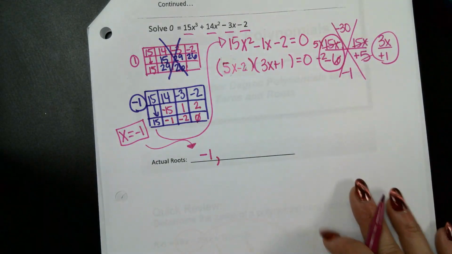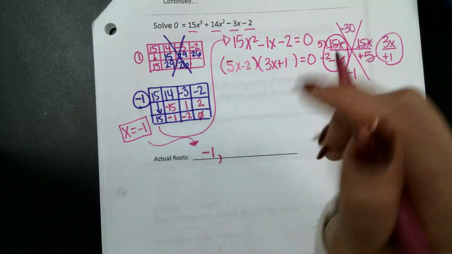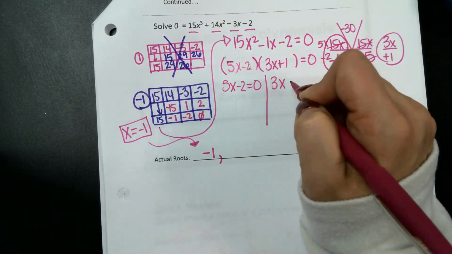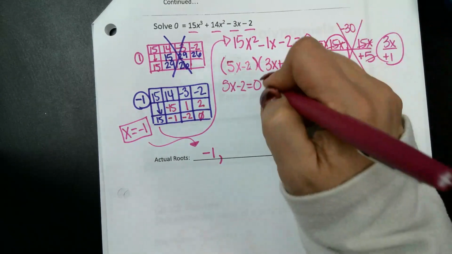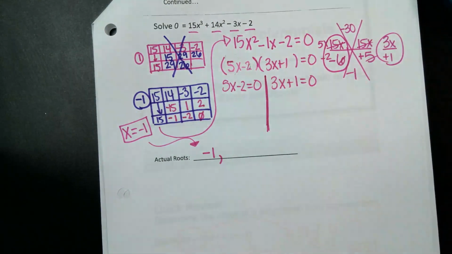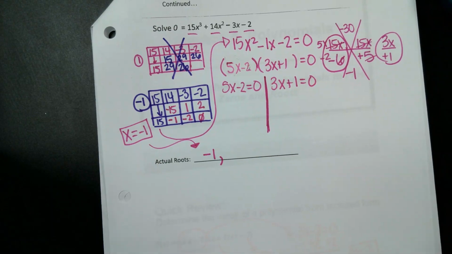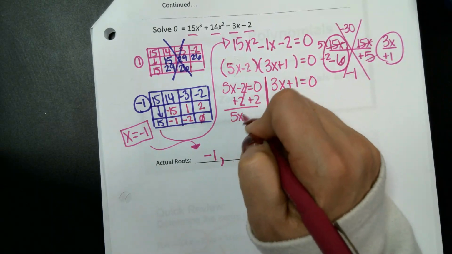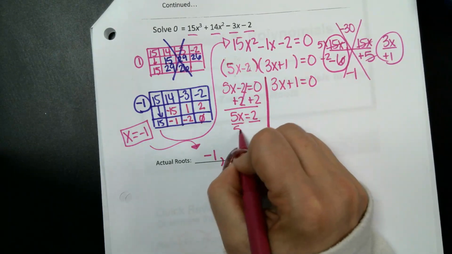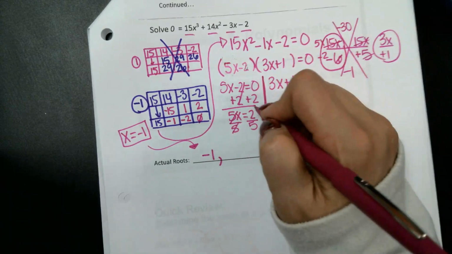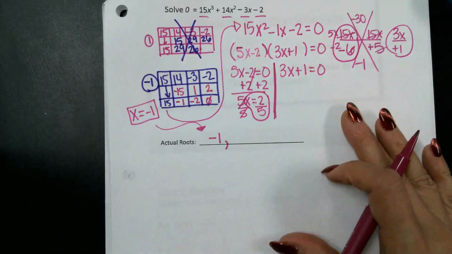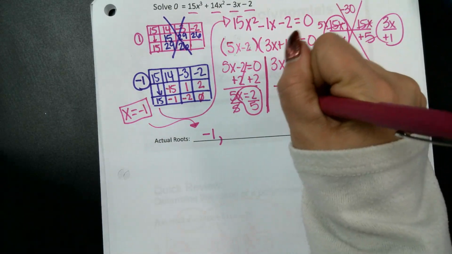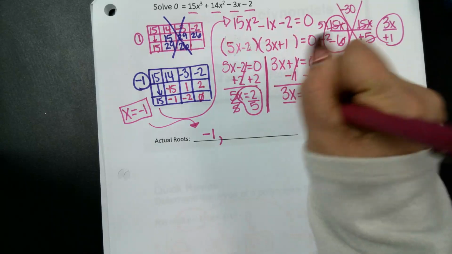Alrighty. Now both of those are 2 steps each. So I would work them both out, because they're both going to be fractions. They're not ones that you can just quickly do in your head. I'd add 2, giving me 5x equals 2, and then I would divide by 5. So it looks like one of our answers is the positive 2/5, and then the other one, I'd subtract 1 and divide by 3.